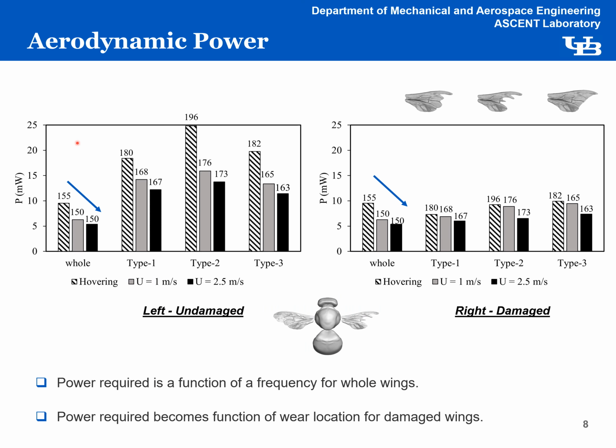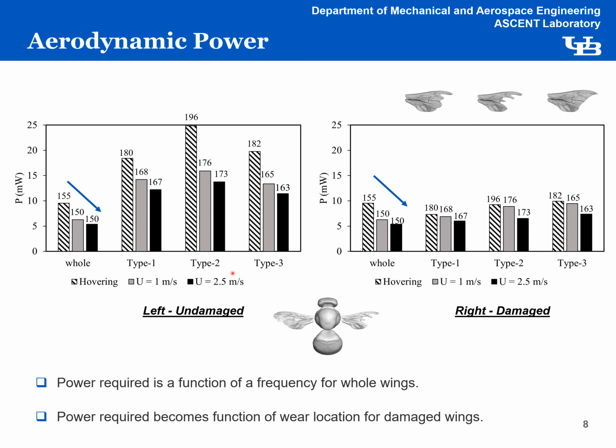Now let's discuss the aerodynamic power requirement for each model. As a reminder, for each wear model from type 1 to type 3, the left wing is undamaged and the right wing is damaged. The figure on the left shows the power requirement in undamaged wings for each wear model, whereas the figure on the right shows the power requirement in the damaged wing for each wear model.